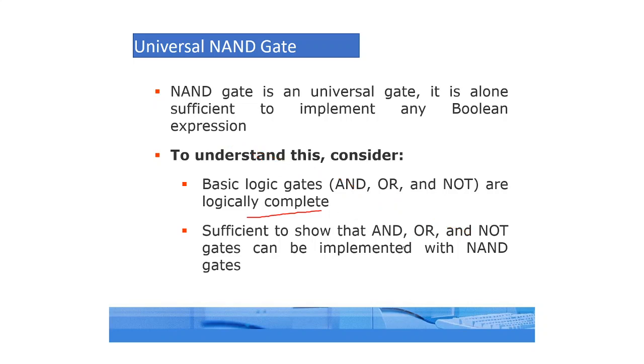If we show that with the help of NAND gate we can implement these three basic logic gates AND, OR and NOT, then this means that NAND gate can also be used individually to create any kind of Boolean expression.